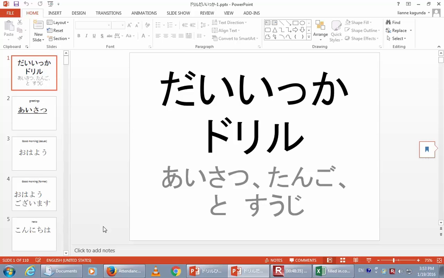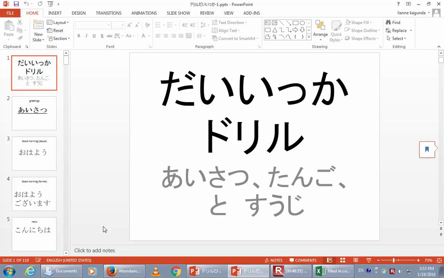Rokuji. Rokuji is 6 o'clock, yes. Ju, which means 10. Okay, so ju is 10.